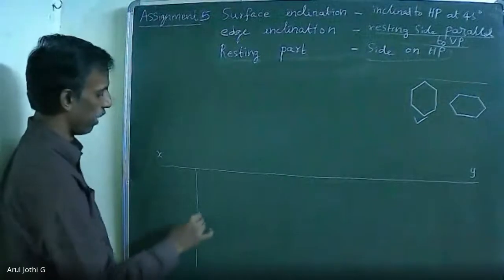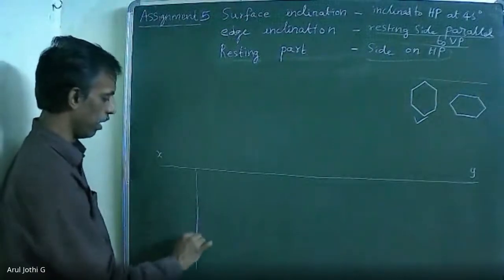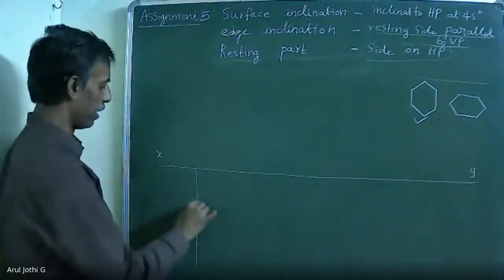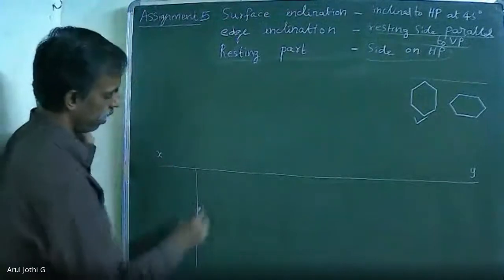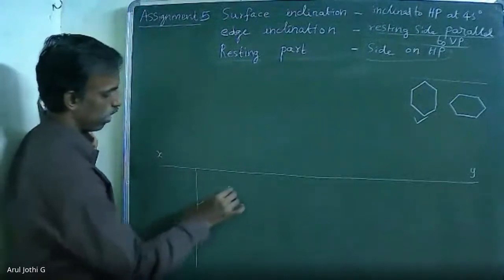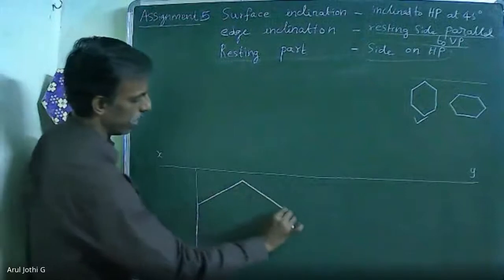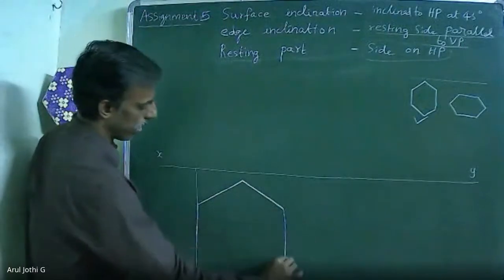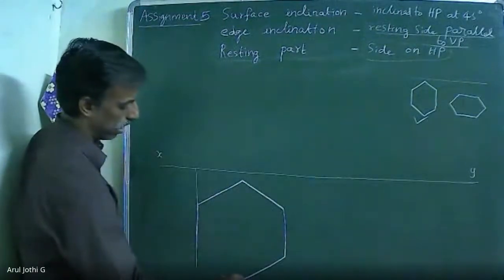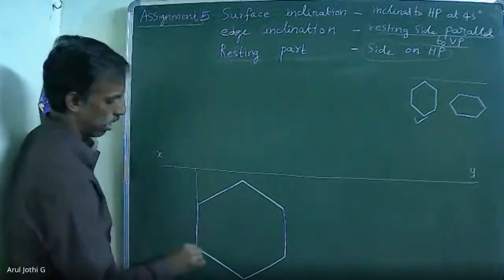Now draw the perpendicular line. On this line, maintain one base side as 30 mm. Now with the 60-degree inclination, draw the hexagonal plane.